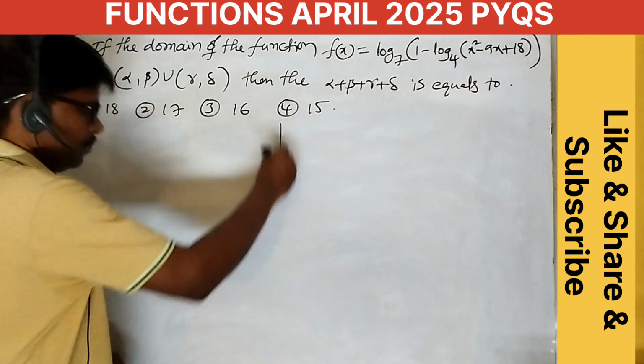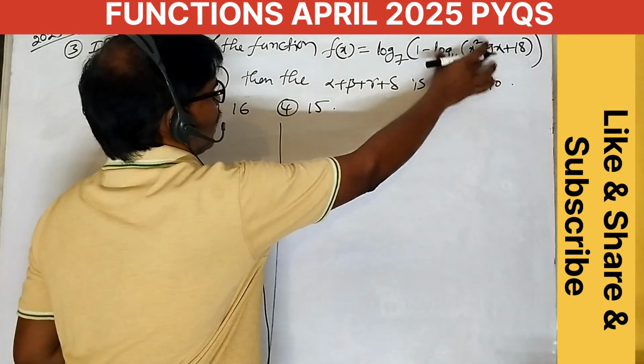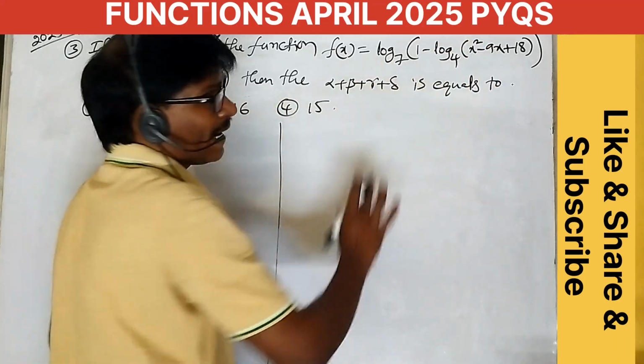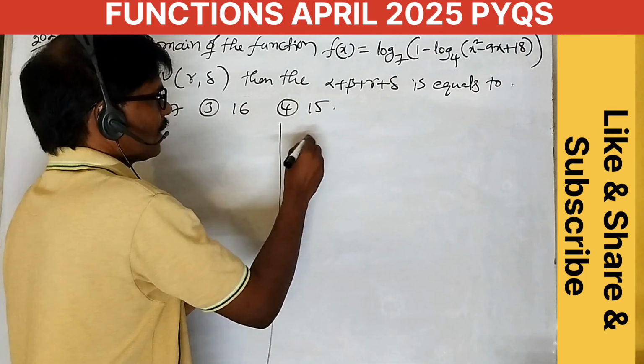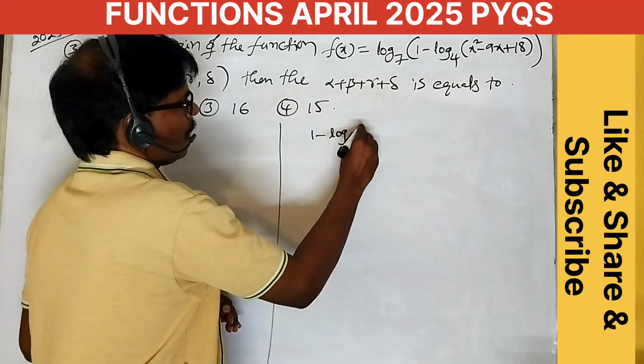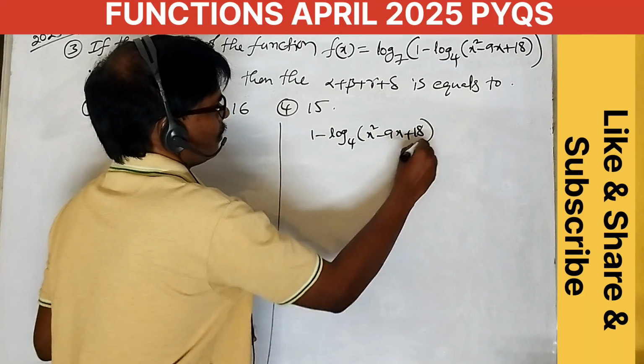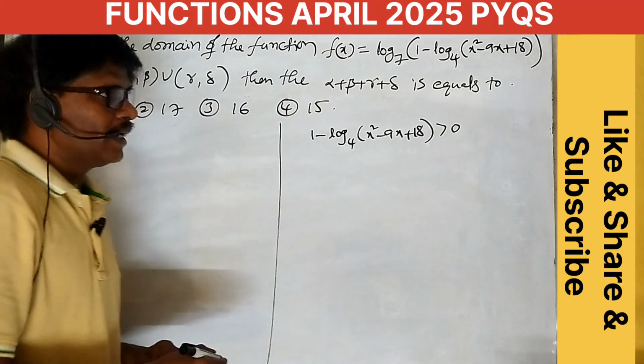Okay, first you have to take the logarithm value: log a base b means log a greater than 0, that is the formula. So here 1 minus log base 4 of (x square minus 9x plus 18) is greater than 0.